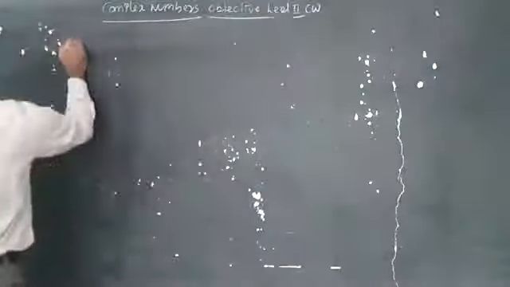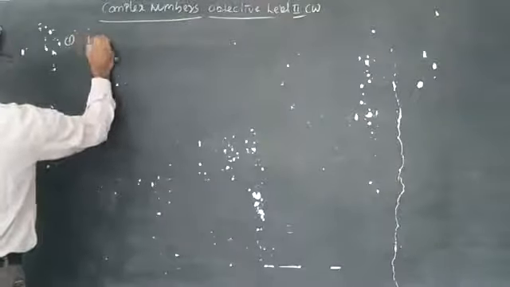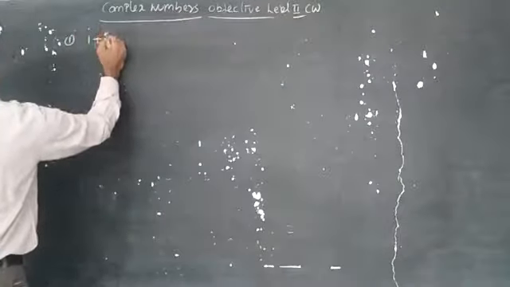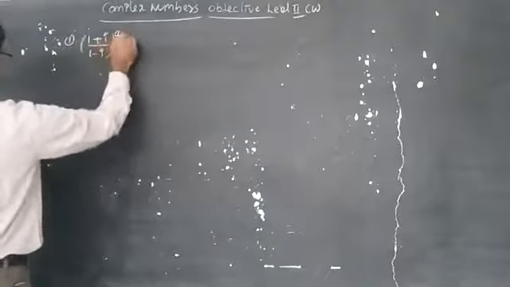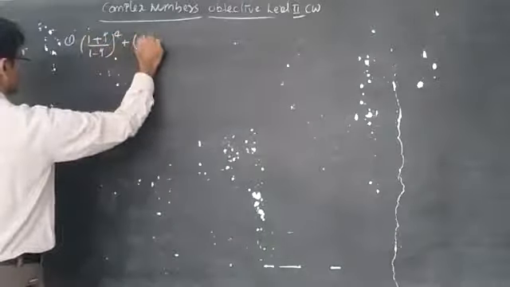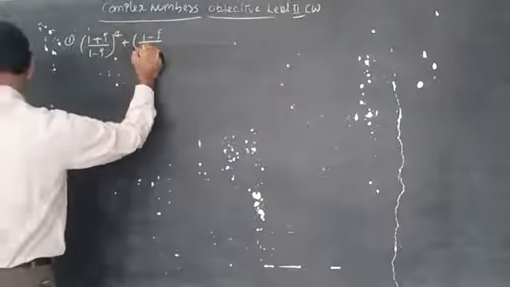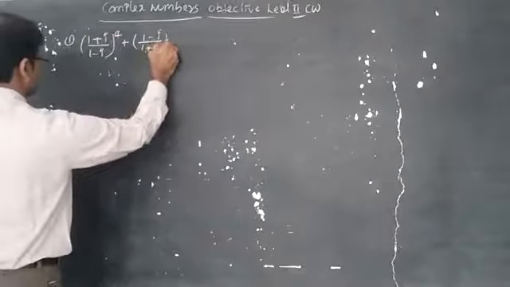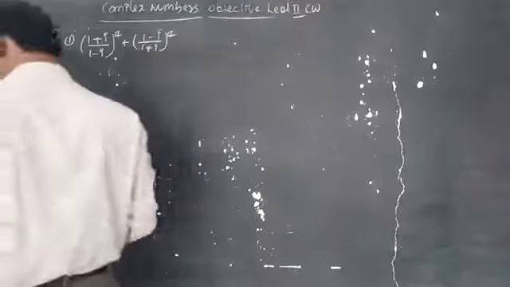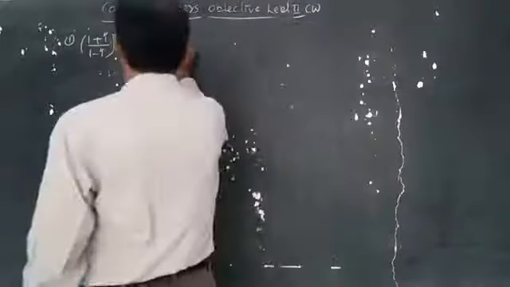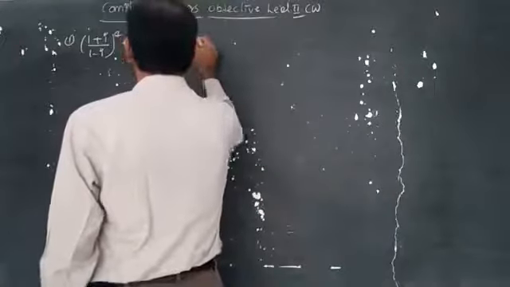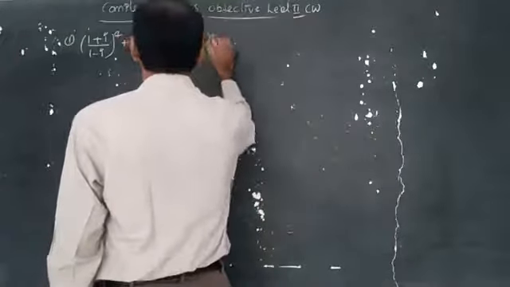First one: (1 plus i by 1 minus i) whole power 4 plus (1 minus i by 1 plus i) whole power 4. Rationalization of denominator.